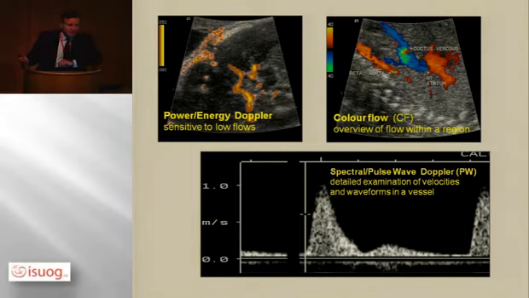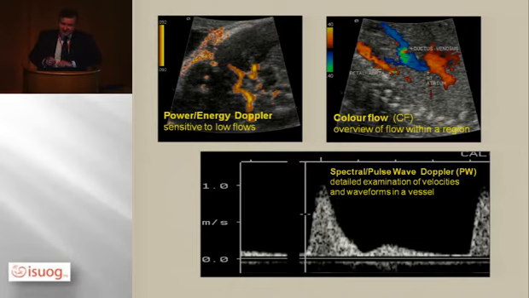You put on color flow before you put on a pulse wave Doppler gate. And color flow is particularly useful, not just for looking at waveforms, but for delineating the anatomy of tumours, or if you're looking for a kidney, that sort of thing. Spectral pulse wave Doppler is what I'm going to be spending much of my time discussing this morning, because this is really the nuts and bolts of Doppler.